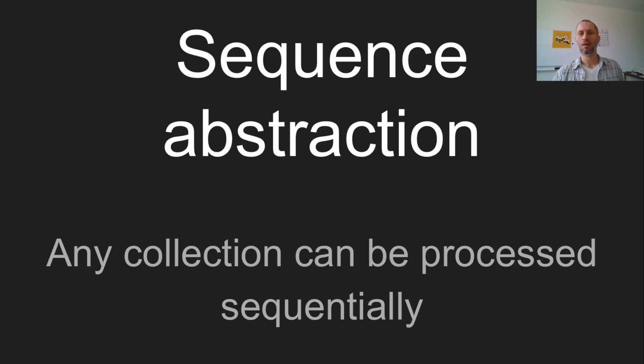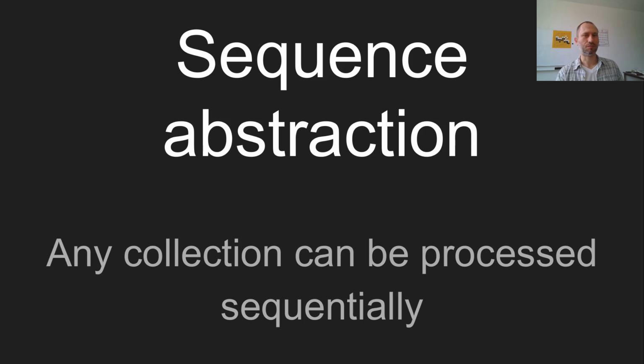They are rather different, but all of them can be handled as a sequence. No matter what kind of collection data structure you have, you can just go through it as a sequence. That's the idea of sequence abstraction.